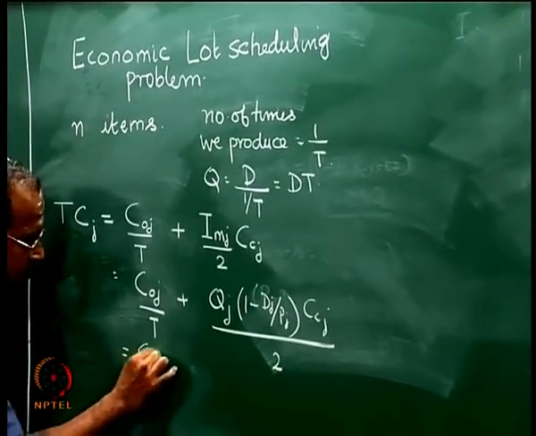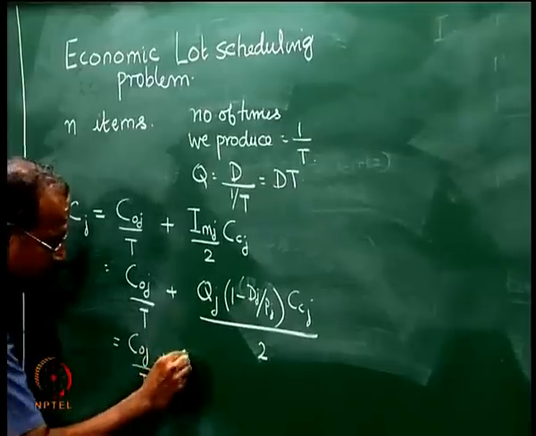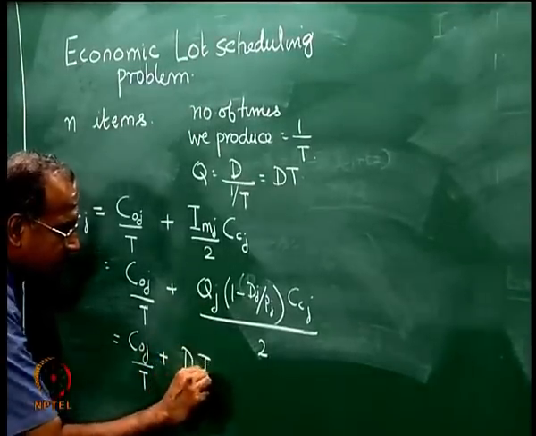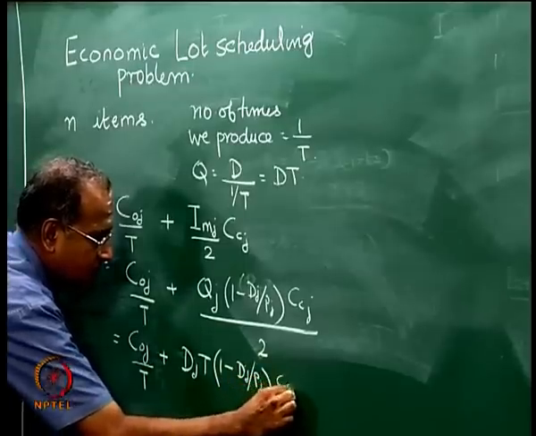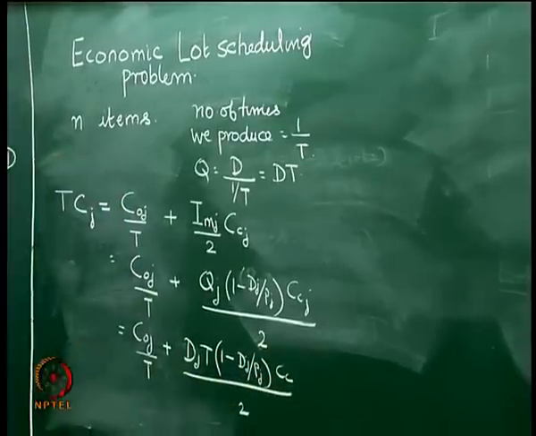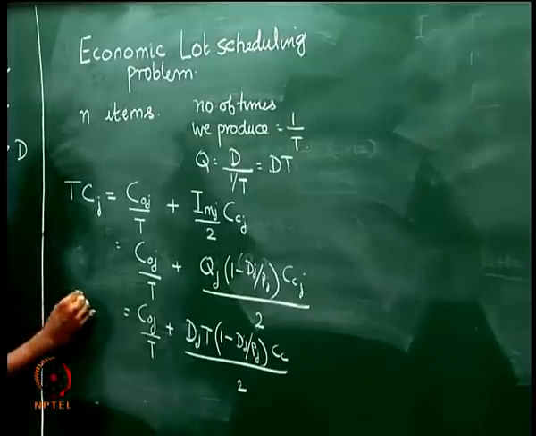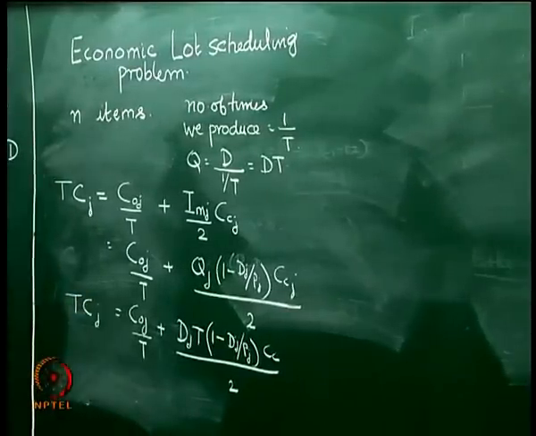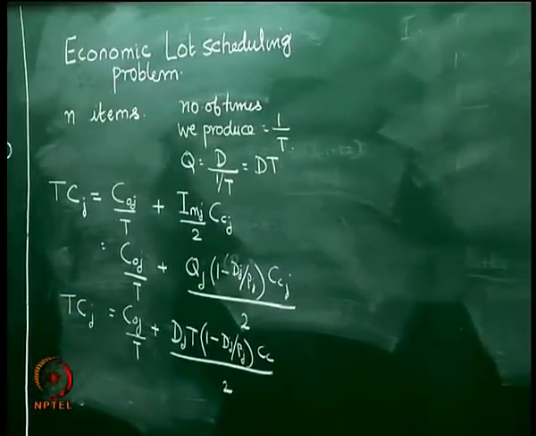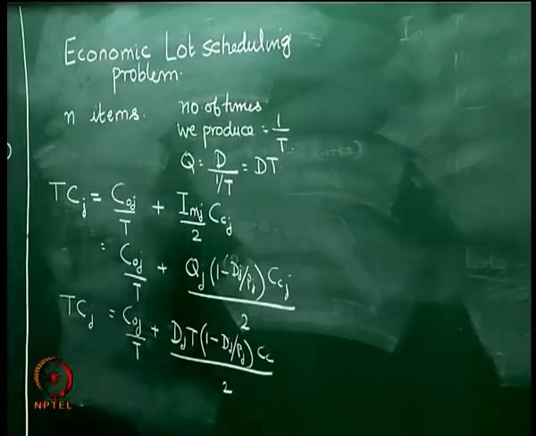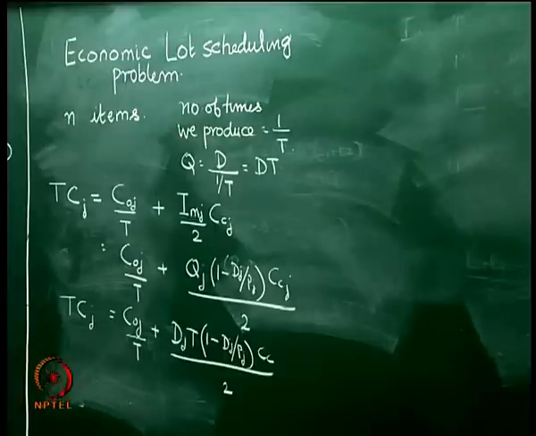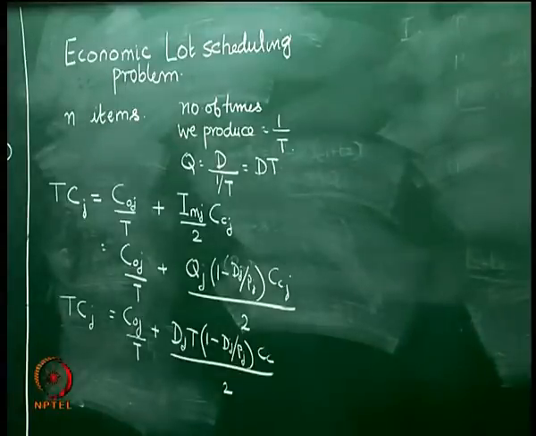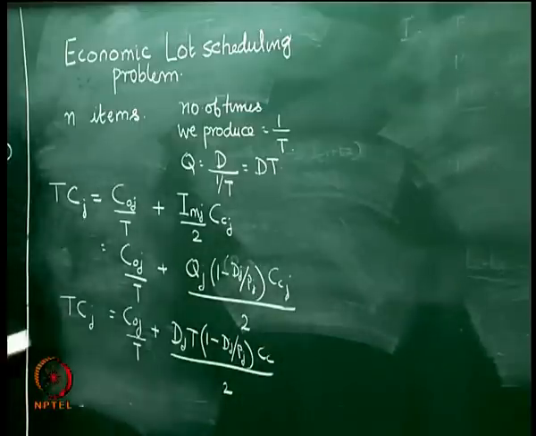So, C naught j by T plus Qj, which is Dj T into 1 minus Dj by Pj into CC divided by 2. This is your TCj for all these items. So, C naught j by T plus CCj Dj T into 1 minus Dj by Pj divided by 2. This is what we have.